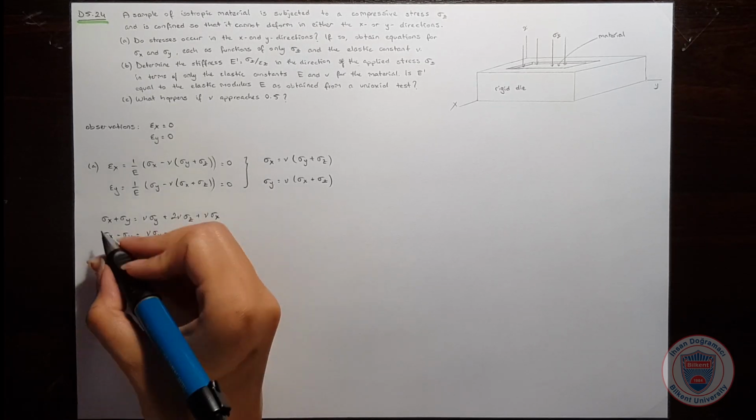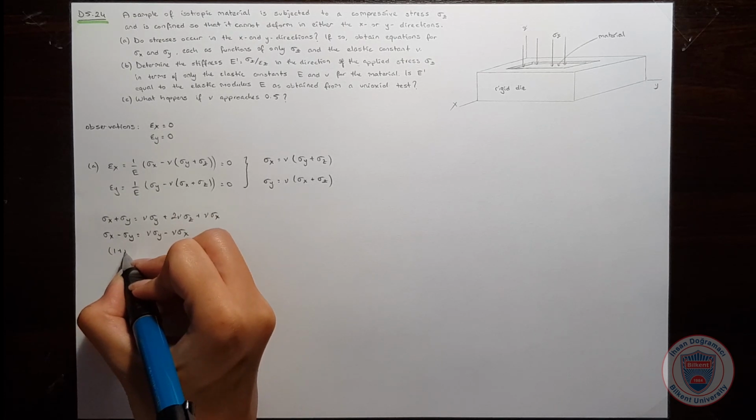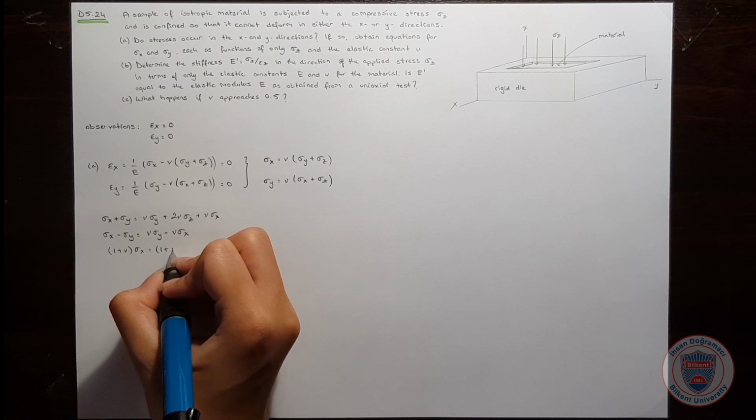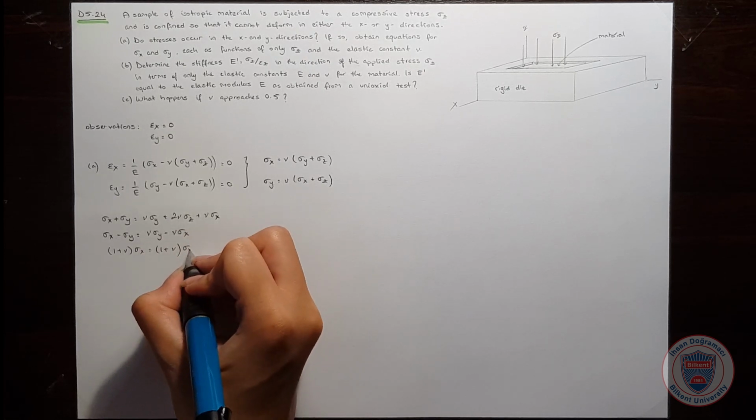This equation gives 1 plus Poisson's ratio times sigma x is equal to 1 plus Poisson's ratio times sigma y.